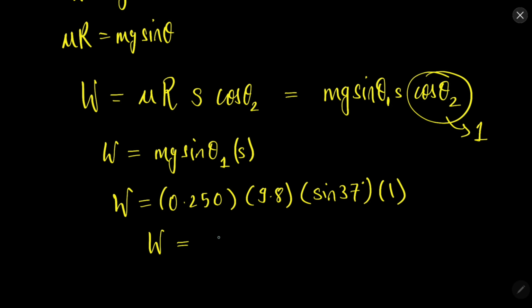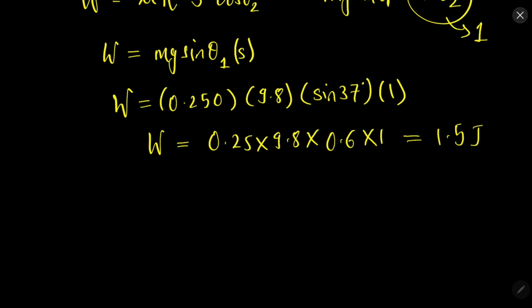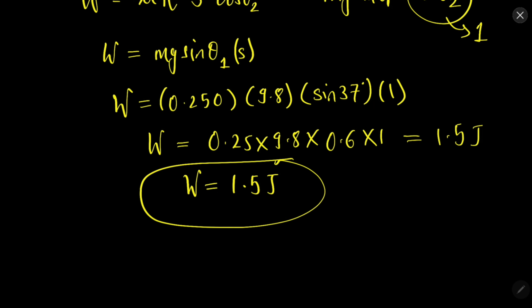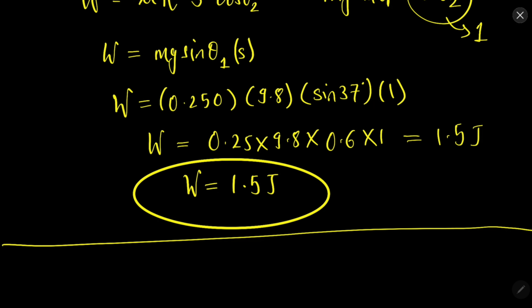So work done will be 0.25 into 9.8 into sin 37, which is 0.6, into 1, so it will give us 1.5 joule. So the work done is 1.5 joule. Work done by the frictional force is 1.5 joules.